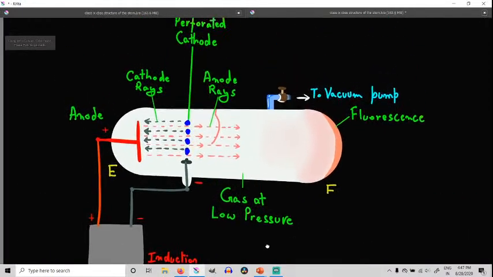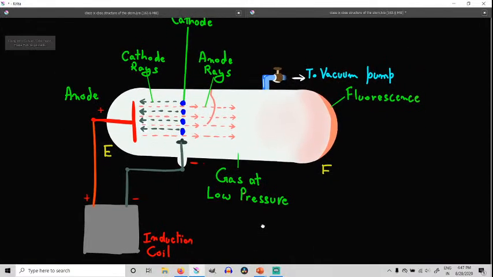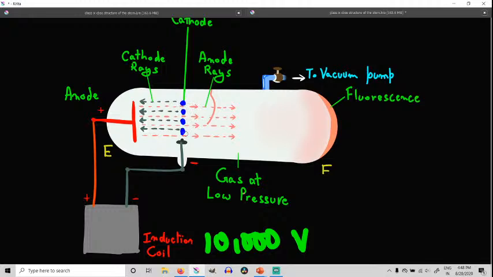Now I told you the capacity of the voltage was 10,000 volt. These are the key points you should remember: 1, 2, 3, 4. You can see that this cathode is a perforated one.